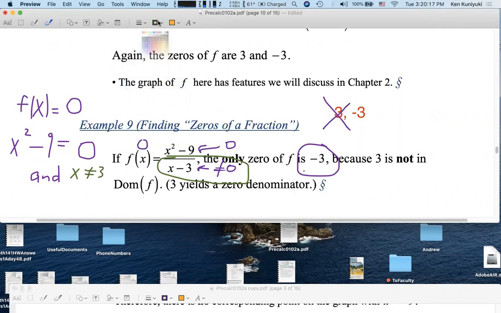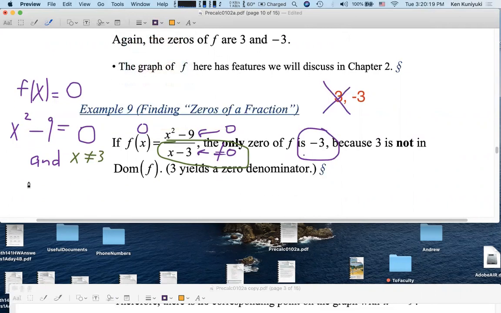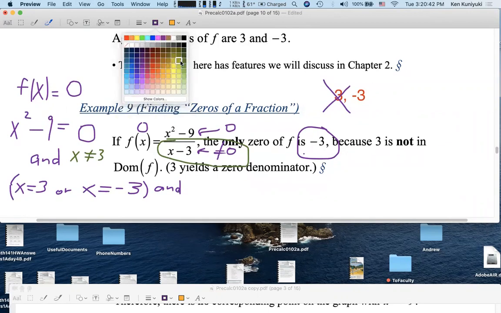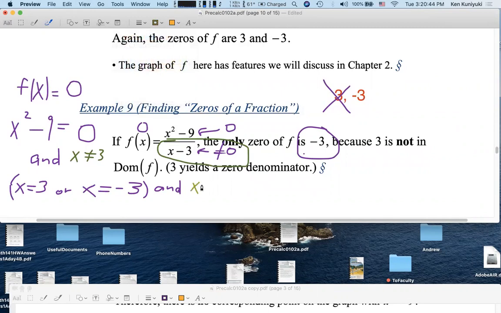So from the purple here, x squared minus 9 equals 0, x could be 3, or x could be negative 3, as we've seen a million times before. These are the real zeros for x squared minus 9. But wait, there's a restriction here. x cannot be 3. It's a restriction that's relevant.